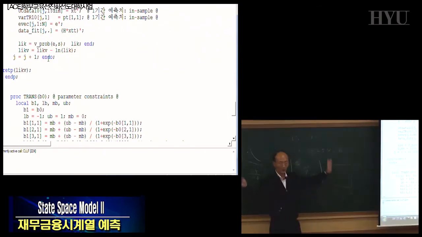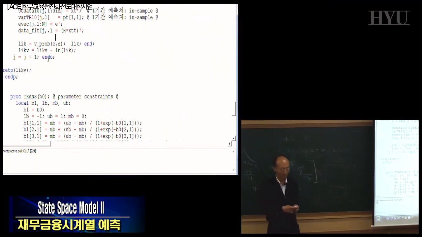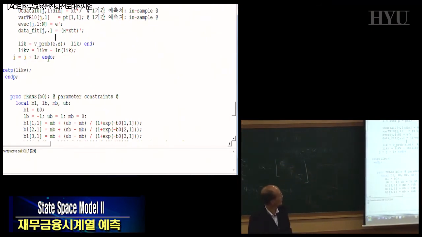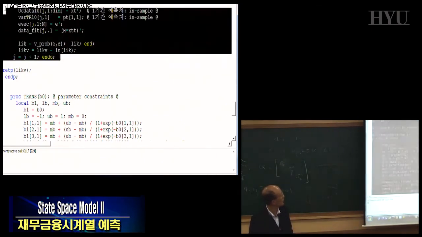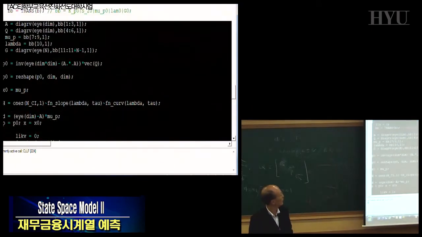So this is it. And I emphasized the other day that most of the code here is reusable.